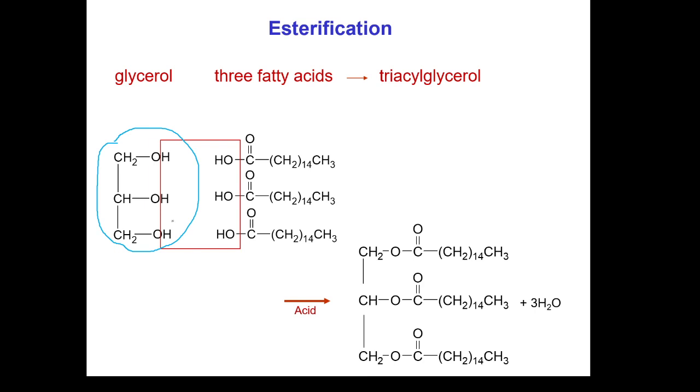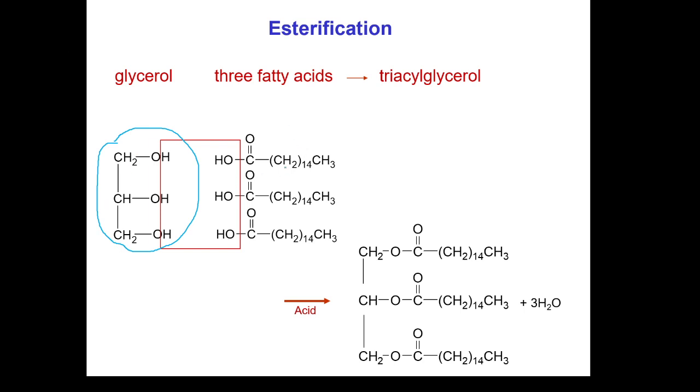So if we were naming this, it would be 1, 2, 3, right? 1, 2, 3 propanol, or propane-1,2,3-triol, however you want to name it. It's a triol. This is glycerol.